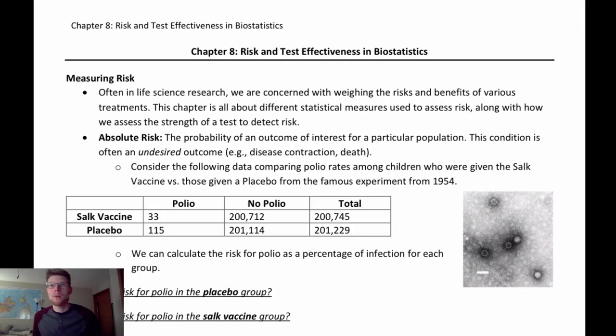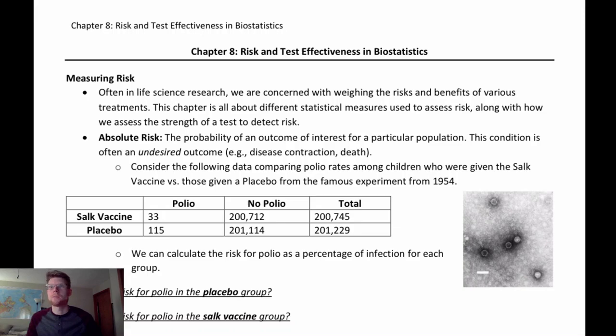As an example here, we have the famous Salk vaccine used to try to prevent polio. In this experiment, about 200,000 children were given a Salk vaccine, and about 200,000 children were given a placebo. The researchers waited to see how many of those children would develop polio and if there would be any difference between the Salk vaccine and the placebo group.